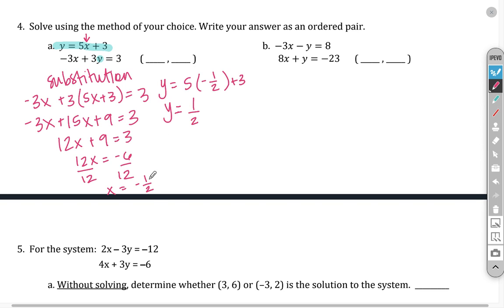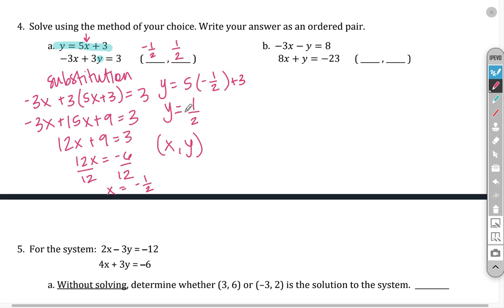So our x is negative 1/2, our y is positive 1/2, so make sure you write your ordered pair as x comma y. So we're going to have negative 1/2 and 1/2. Try to avoid decimals. If you put 0.5, technically it is right, but you need to keep these in fraction forms as often as possible, okay?